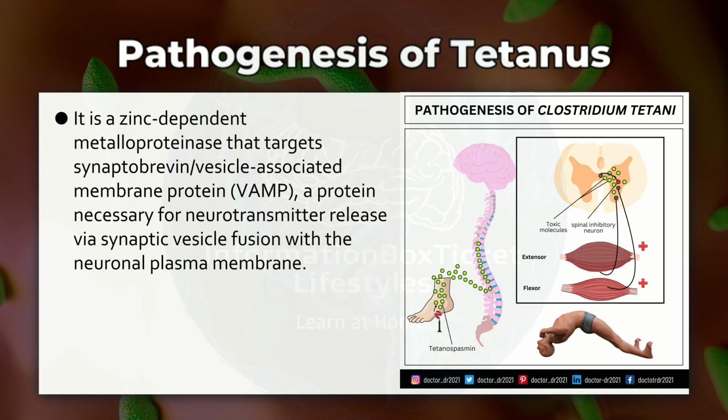It is a zinc-dependent metalloproteinase that targets synaptobrevin/vesicle-associated membrane protein, a protein necessary for neurotransmitter release via synaptic vesicle fusion with the neuronal plasma membrane.